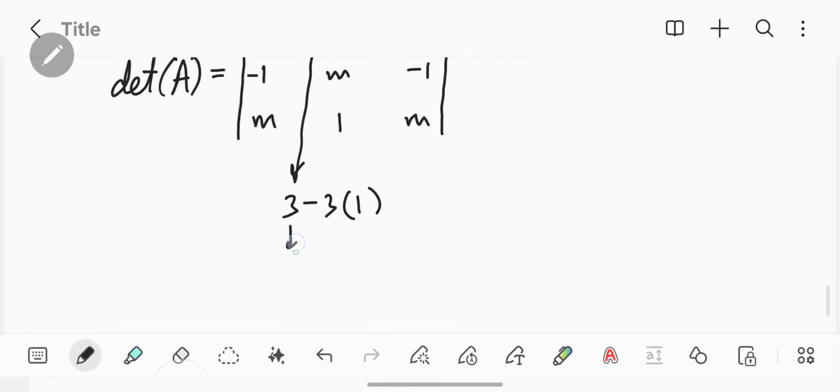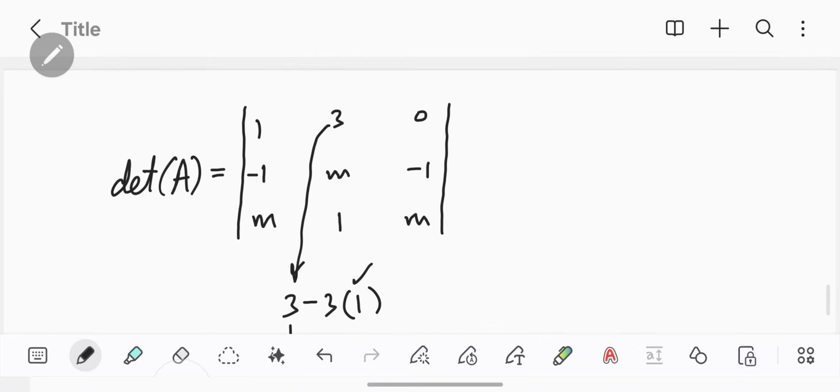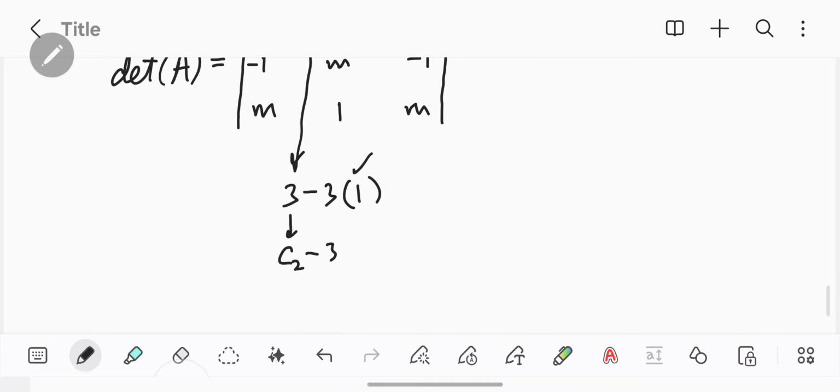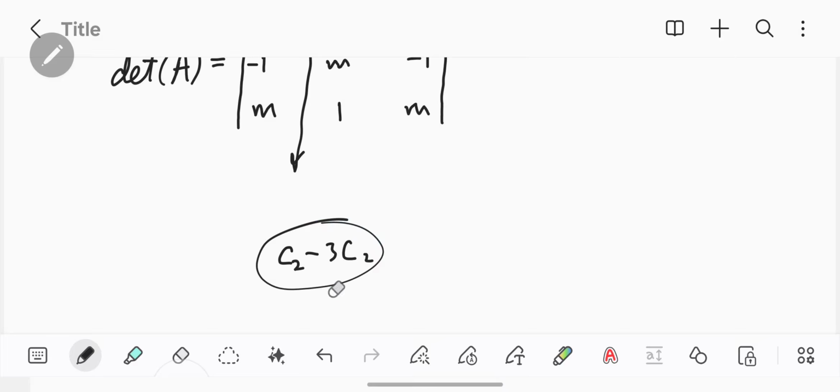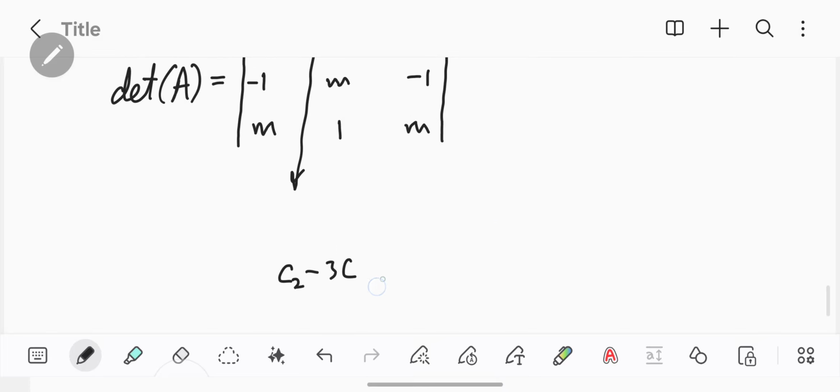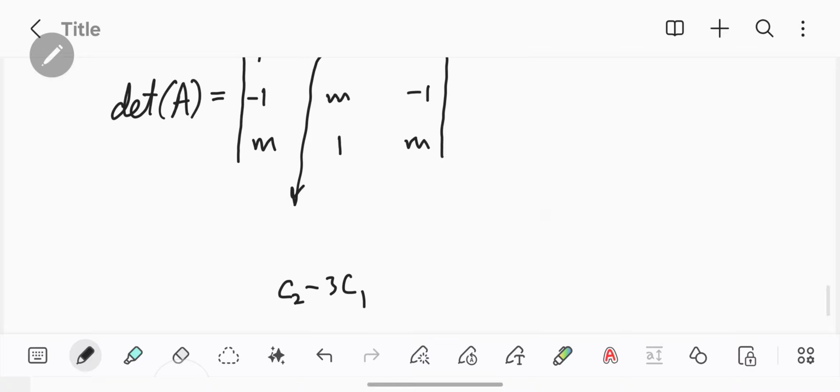So this 3 belongs to column 2, minus this 3 is the constant, and this 1 belongs to column 1. So I will write C2 minus 3C1, because this corresponds to column 1. This is the operation which I'll perform.